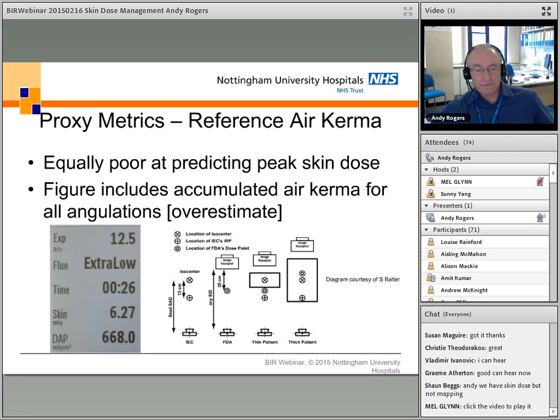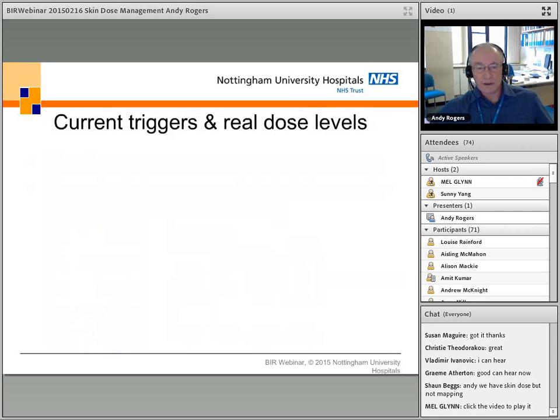And we know that for some PAs, that's out in the air, and for some laterals, that'll still be in the body. So it's not the best thing, but it's what we've got. Again, just like DAP, it accumulates over the whole procedure and doesn't take account of panning across the patient or different angulations, in which case it normally ends up being a pretty big overestimate.